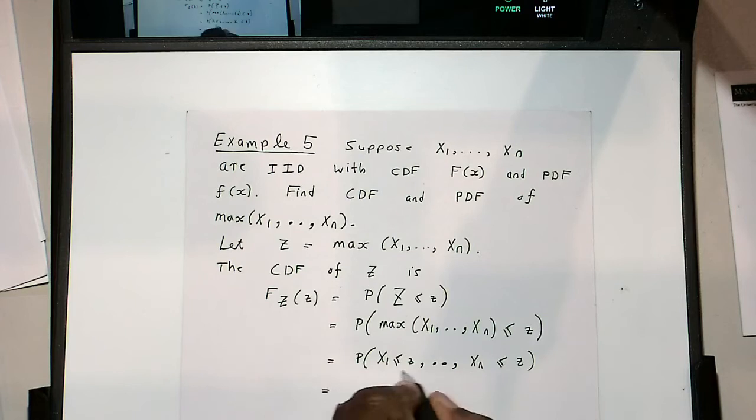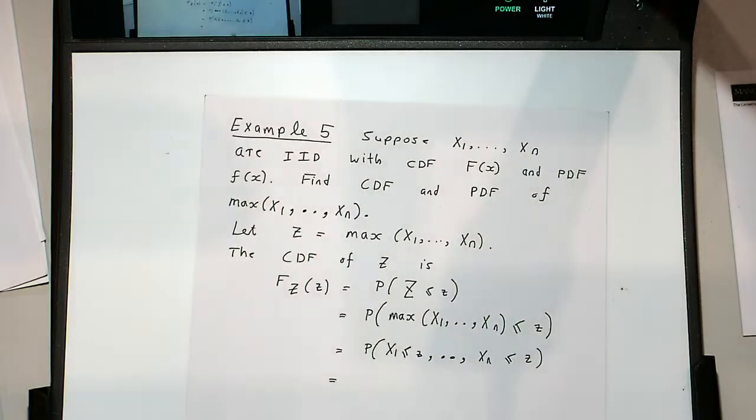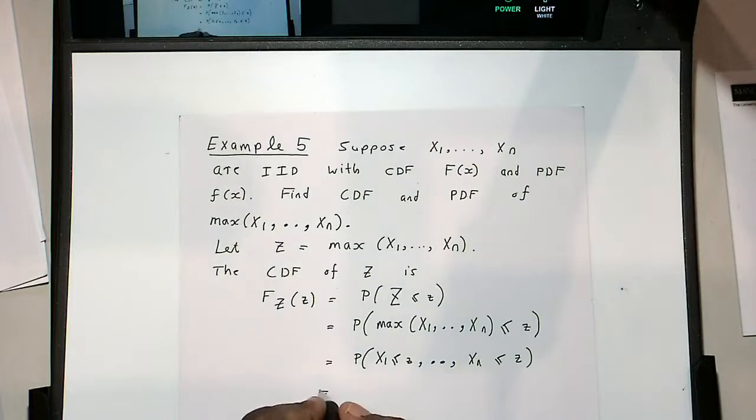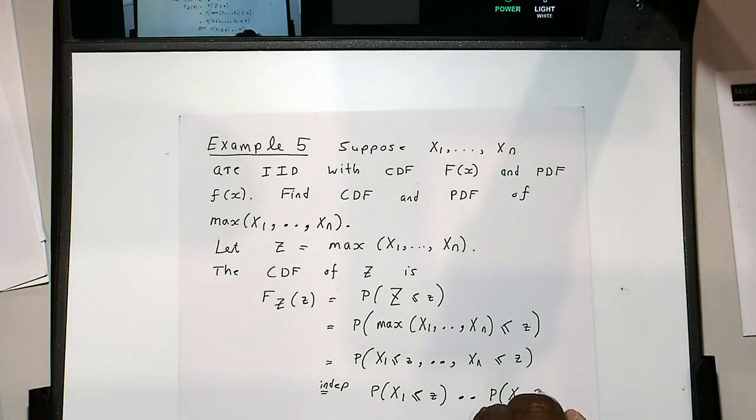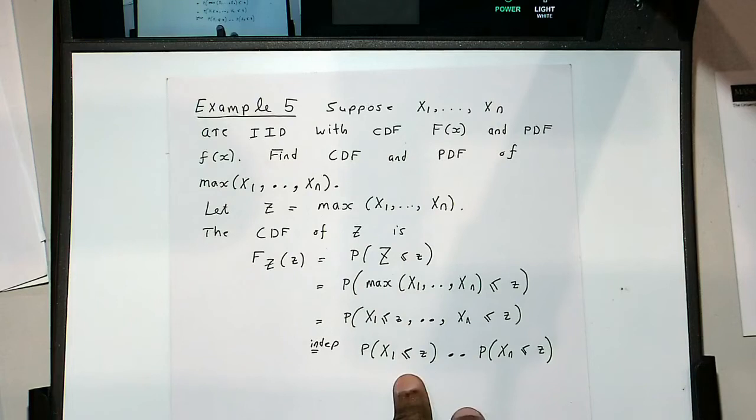Now, because x1 to xn are independent, because IID means independent and identically distributed, you can write this as the product of the probabilities. What you have here is the CDF of x1, and here the CDF of xn.